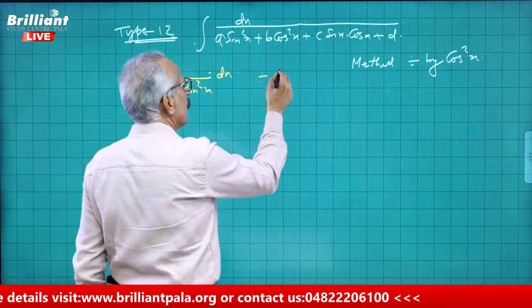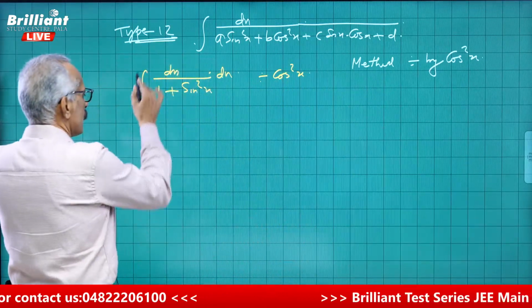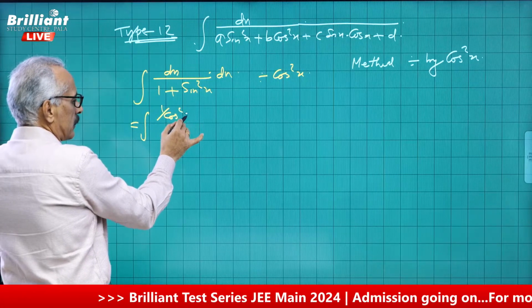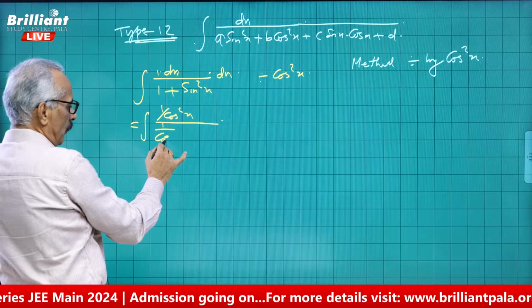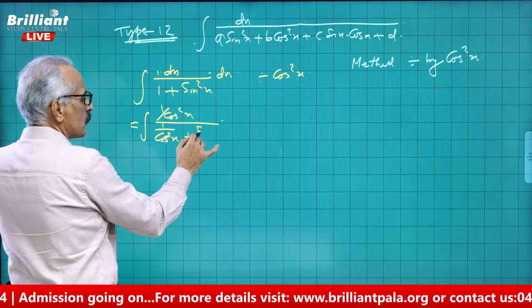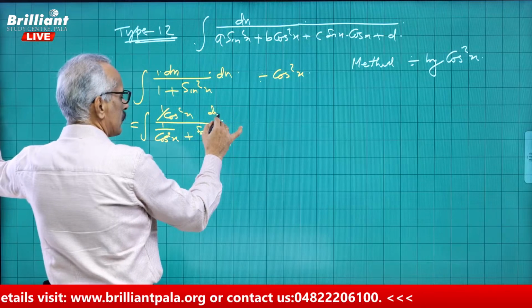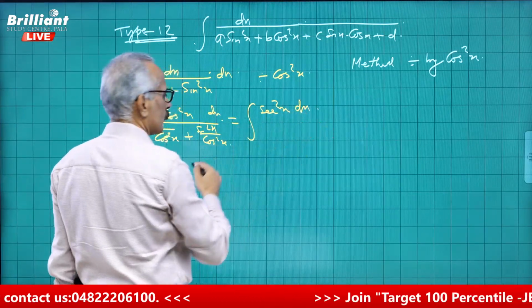Method, divide by cos square x or even sin square x. So, this will become integral 1 divided by cos square x, because numerator is 1, divided by 1 divided by cos square x plus sin square x divided by cos square x, dx. This is integral sec square x dx, 1 by cos square x.